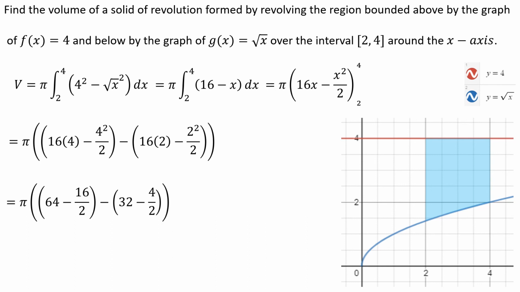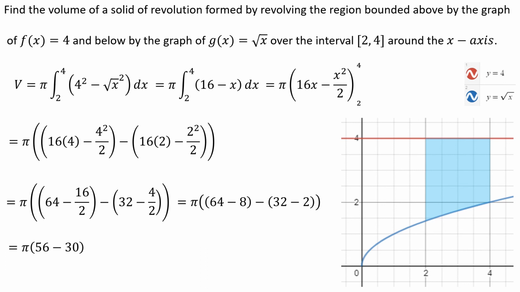Of course, last time I checked, 16 times 4 is 64. 4 squared is 16. 16 times 2 is 32. And of course, 2 squared is 4. 16 divided by 2 happens to be 8. 4 divided by 2 happens to be 2. I'm like, oh, thank goodness, no fractions. Right? 64 minus 8 will get me a 56. 32 minus 2 is a 30.